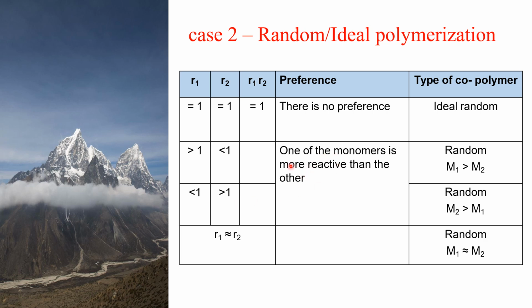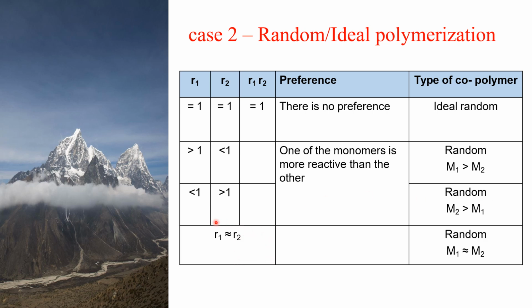So you have to write the preference: one of the monomers is more reactive than the other, for example M1 is more reactive than M2, or M2 is more reactive than M1. But in both cases, it will be random copolymerization.